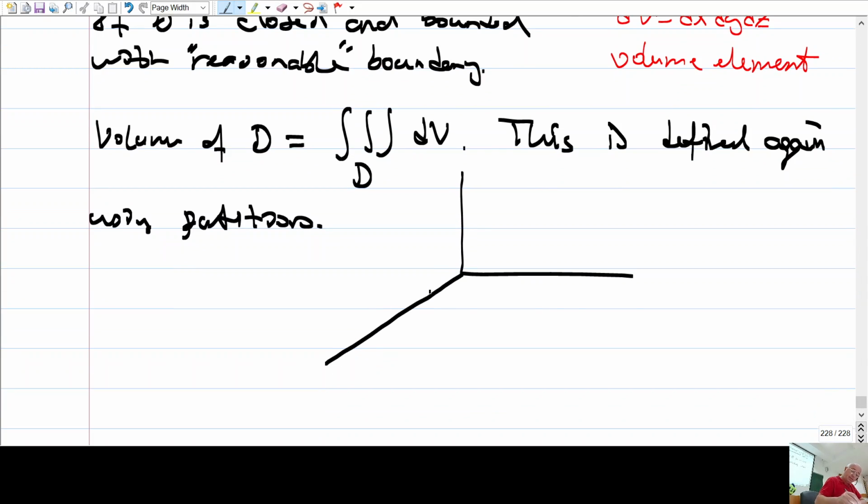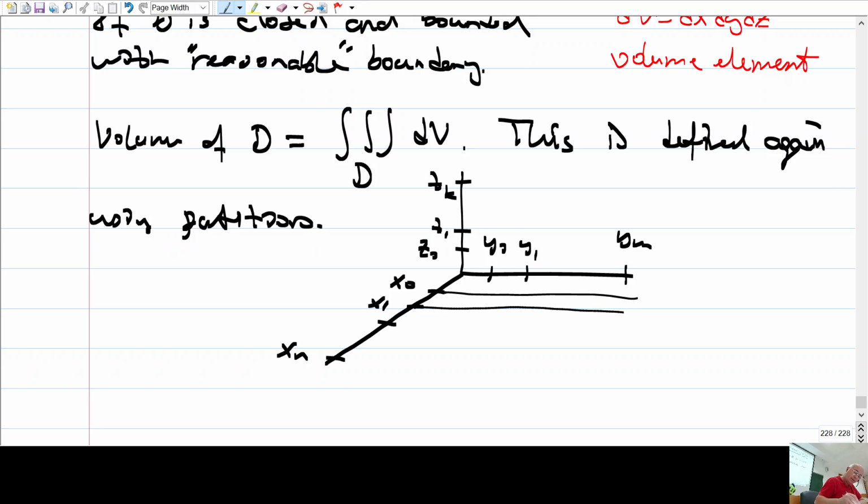Let's say x0, x1, up to xn, and then y0, y1, up to ym, and then we have z0, z1, up to zk. And so you just draw parallel lines. Like this, you obtain some grids like this.